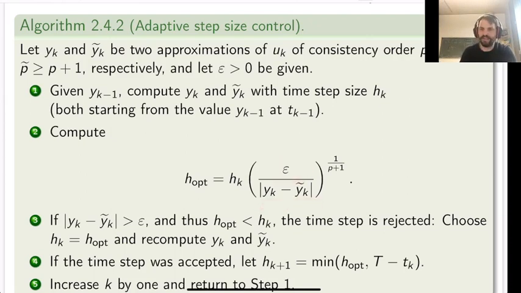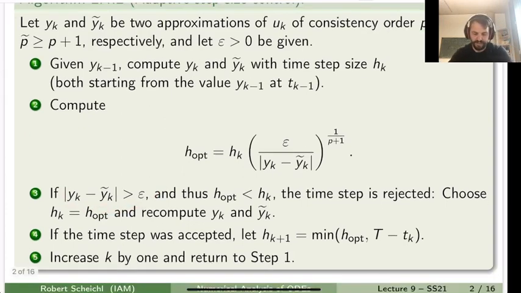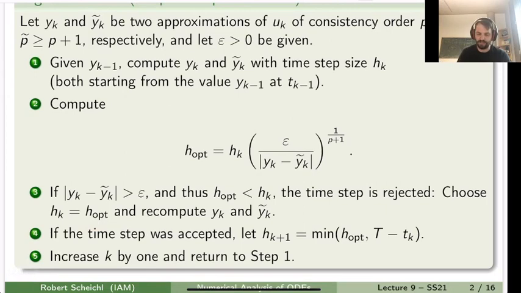If the difference between yk and yk tilde is bigger than epsilon, then you reduce the time step to h opt and you compute again. And when you finish, if the time step is accepted, either in the next step or in the first place, then you set the next time step to be h opt, or you go to the last time, t minus tk.